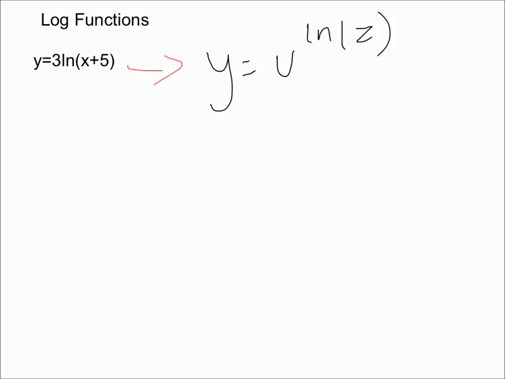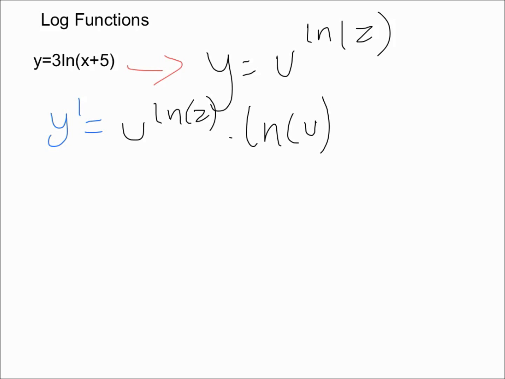So by following the exponential procedure, we'll get that y prime is, first you write the whole thing, u to the ln z, times the ln of u, that's part of the exponential equation, and then we had du dx.